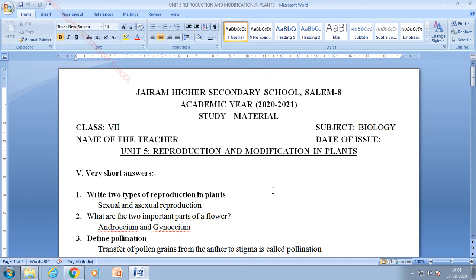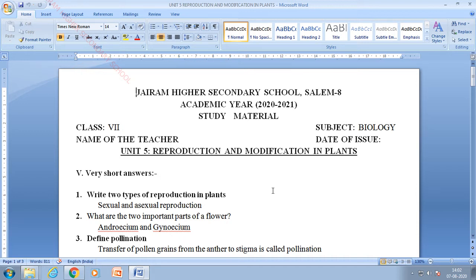Apart from that, coming to modification in plants, modification is nothing but the plant parts being modified to perform various other functions in addition to their primary functions. The root will perform the function of storage in addition to support and fixation. The stem will perform the function of storage and support in addition to transportation of substances as its primary function.